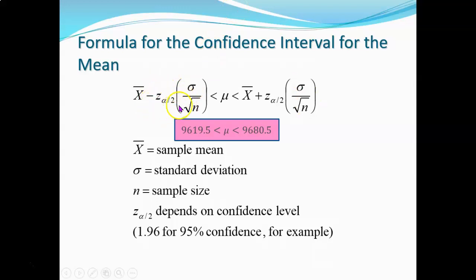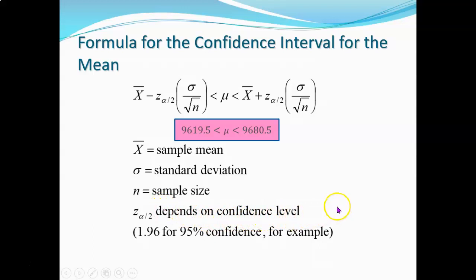And then this part of the formula here, it's a letter Z with a subscript alpha over 2. That's the Greek letter alpha and then divided by or over 2. So I would pronounce that whole thing as Z sub alpha over 2. And that's a number that depends on the confidence level.